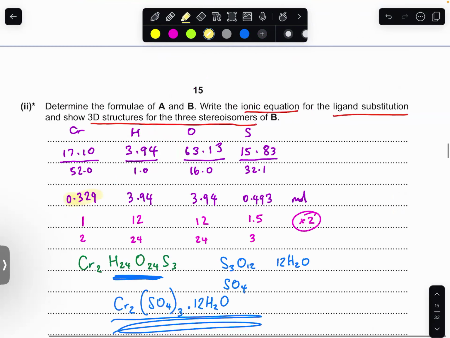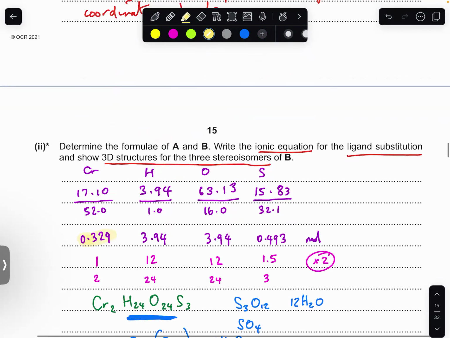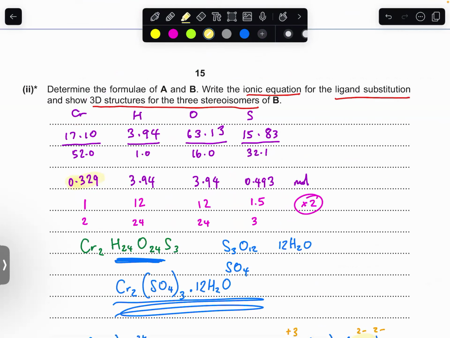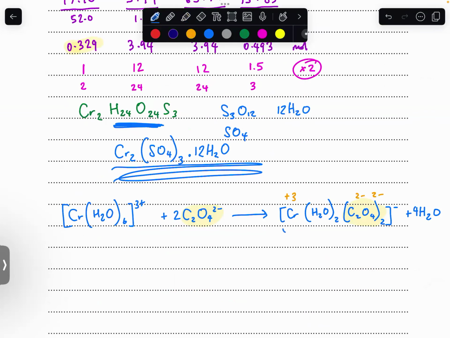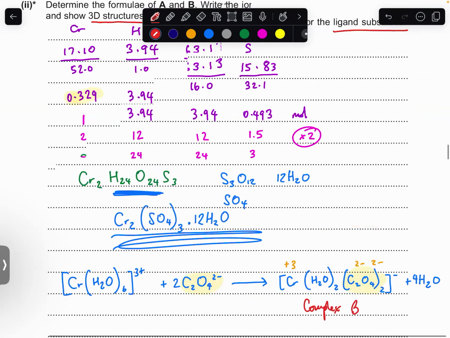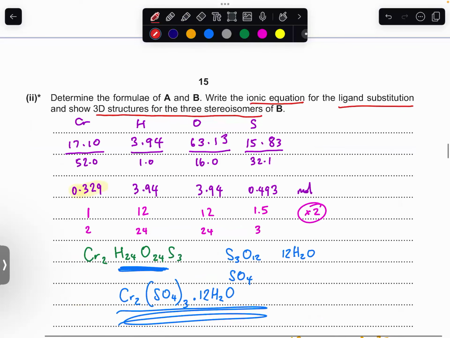So we've got compound A. Compound B, we've got the structure of compound B, which is this. Sorry, complex B. And it wants us to show the 3D structures for the 3 isomers.